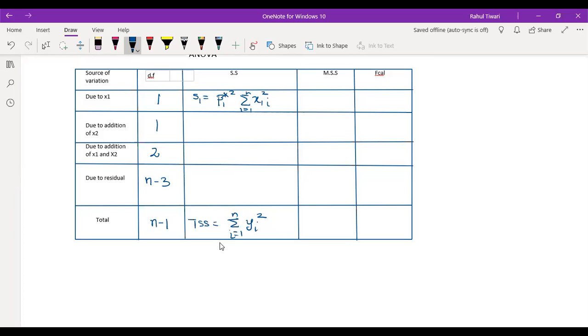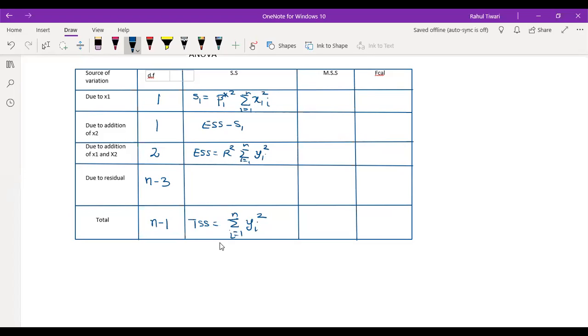So this you can calculate, because this plus this you will get the due to x1 and x2. So this is nothing but ESS, which we have seen in the last class how we can calculate. This is r square summation yi square, where i is running from 1 to n. So if I take a difference of this minus this, I will get this quantity. So this is ESS minus S1. And if I take a difference of this quantity minus this quantity, I will get this quantity.